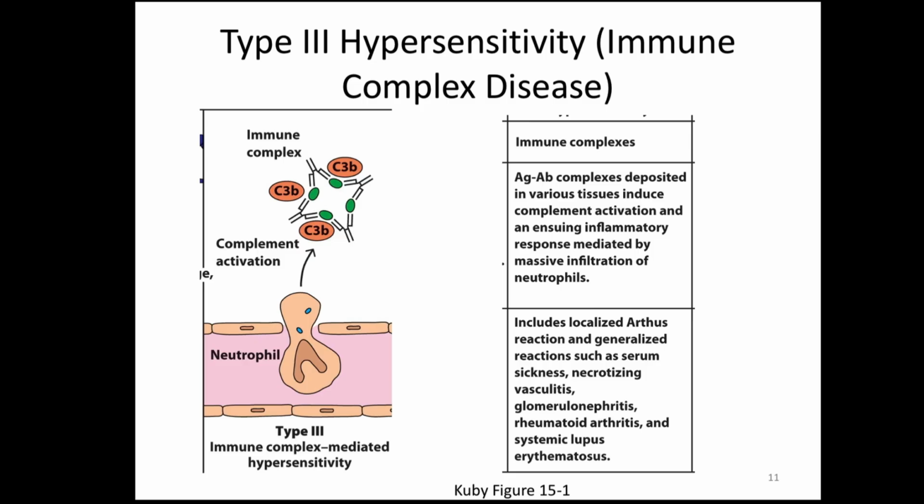Instead, what we're going to see is the formation of something called an immune complex. Type 3 hypersensitivity reactions are also sometimes known as immune complex disease because the immune complex is the problem. And so an immune complex is something that you can see right here, where you have multiple antigen molecules and multiple antibody molecules coming together to form a big complex. So as you can kind of see here, each of our antibodies has 2 antigen binding sites, and they're identical.